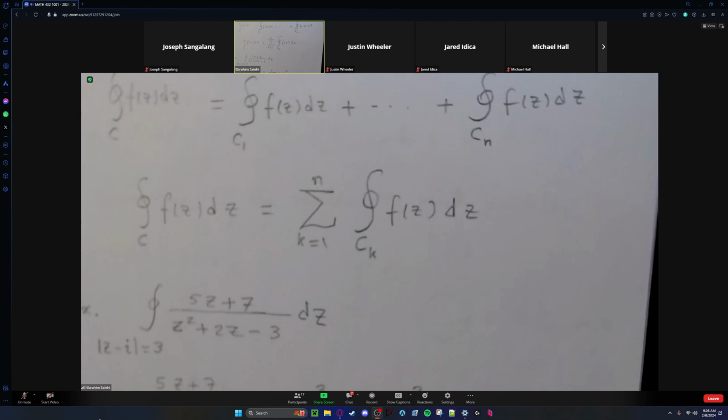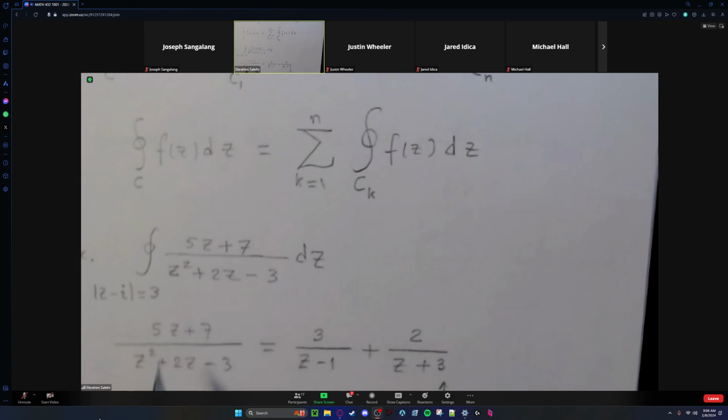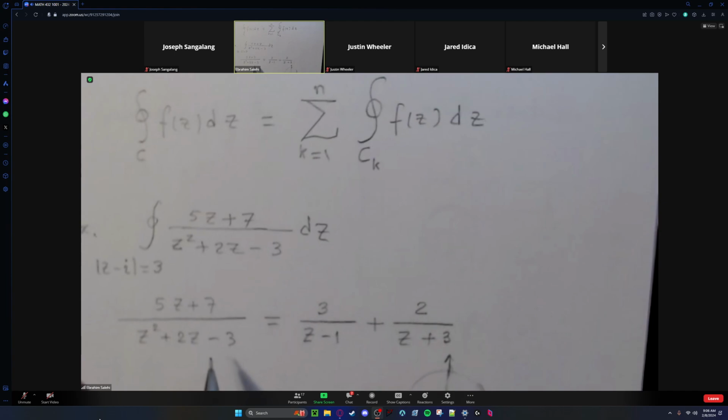The official term that we use is singularities, but for the time being, let's just say bad points. So if you go through the denominator and do partial fractions, this is what you get. There are 2 bad points. One is z equal 1. The other one, z equal -3.